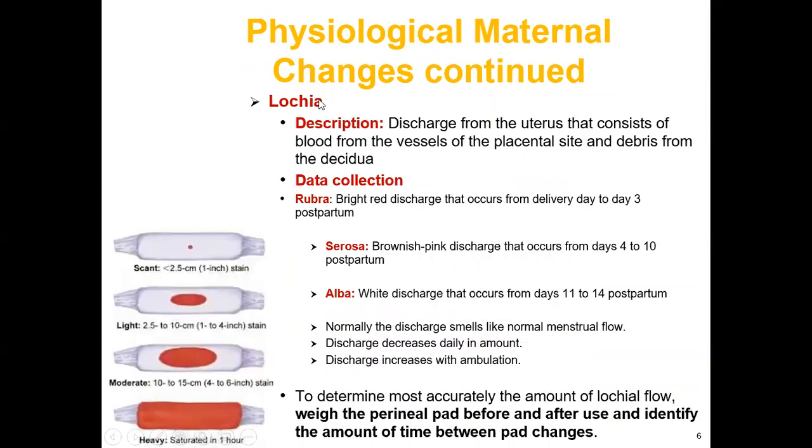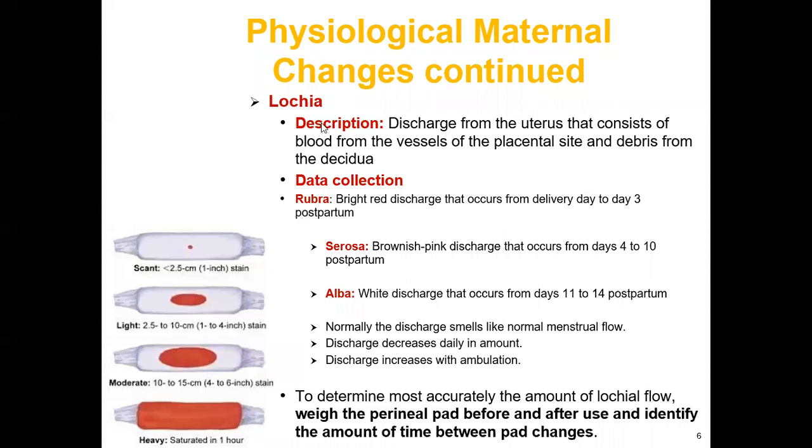About the lochia: it is the discharge from the uterus that consists of blood from the vessels of the placental site and debris from the decidua. If you assess lochia, we can say rubra is a bright red, bloody discharge, right?